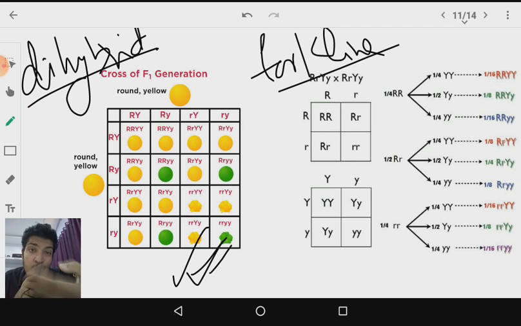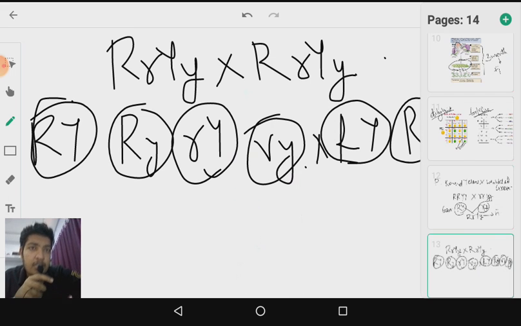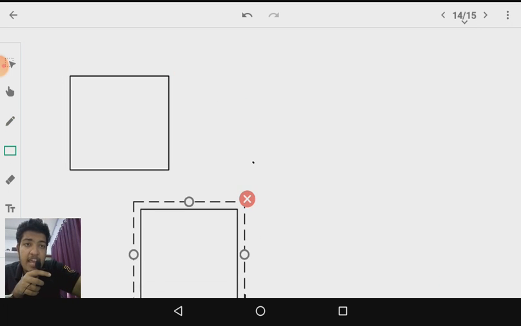But if you get any numerical question, especially for a competitive examination, you can use the fork line method. In the fork line method, you are first going to take two monohybrid crosses. Whenever you have a dihybrid cross, we assume it as two monohybrid crosses.